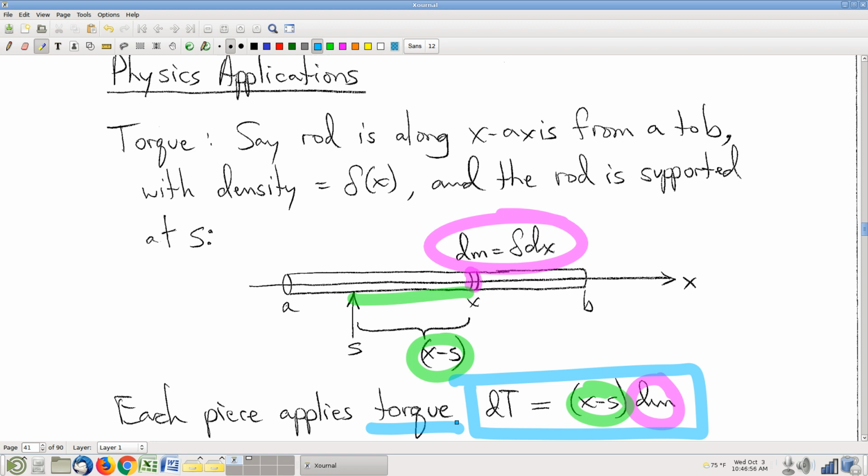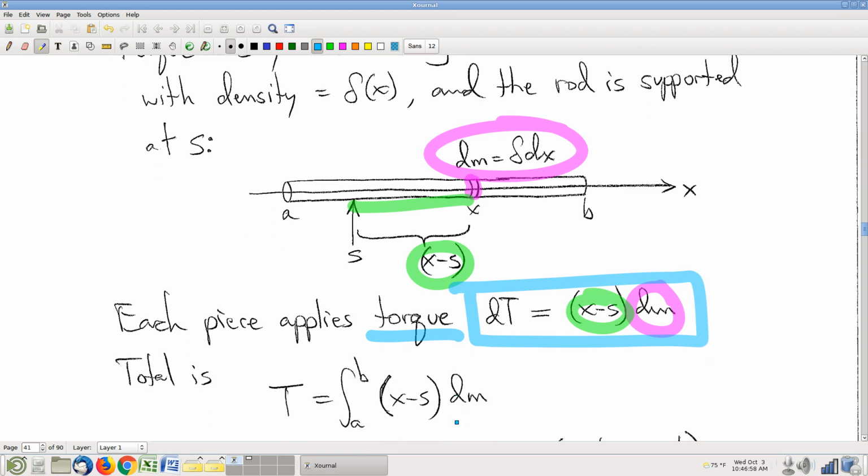And per the chop it up, add it up strategy, add up a bunch of little pieces of torque, and that gives you the total torque. So this integral tells you the total amount of torque. If you have this metal rod, the point of support, and you want to know how much twisty power, right, is being applied at the point of support? Well, there it is.